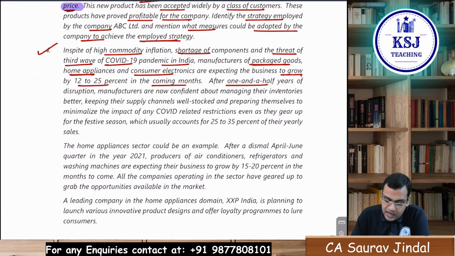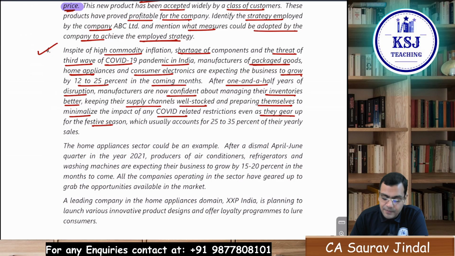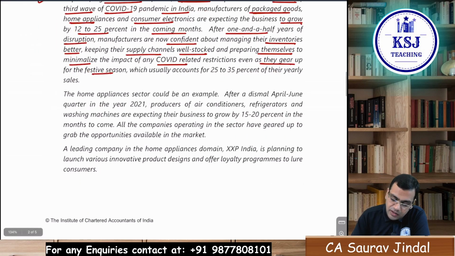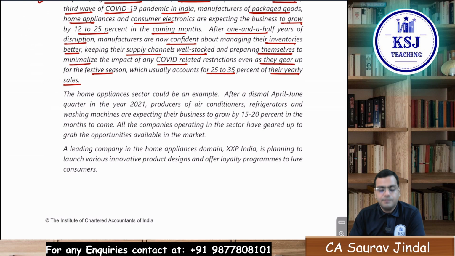After 1.5 years of disruption, the manufacturers are now confident about managing their inventories better, keeping their supply channels well stocked, and preparing themselves to minimize the impact of any COVID related restrictions, even as they gear up for the festive season, which usually accounts for 25 to 35% of their yearly sales.